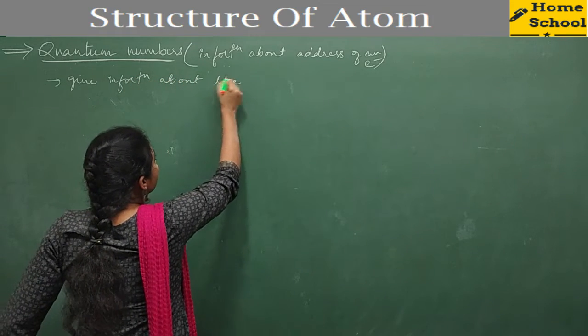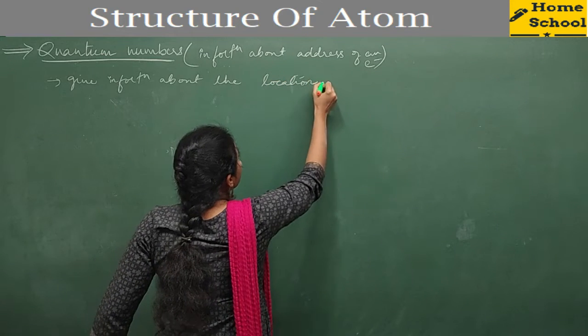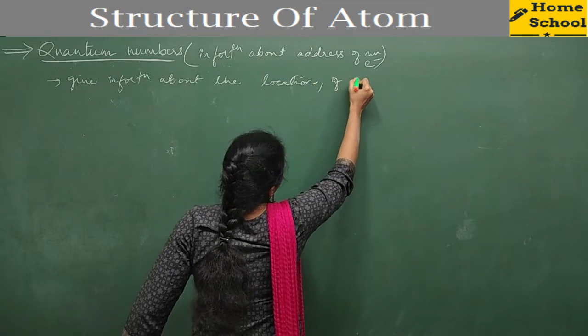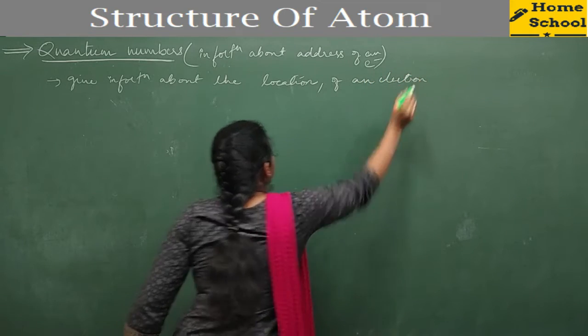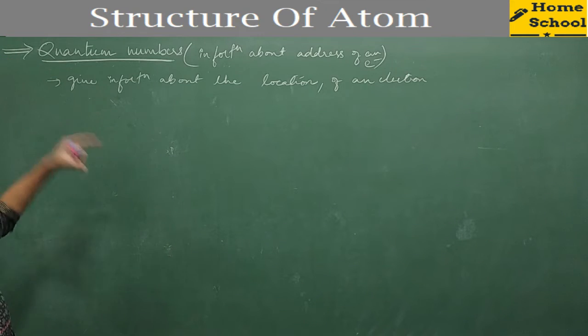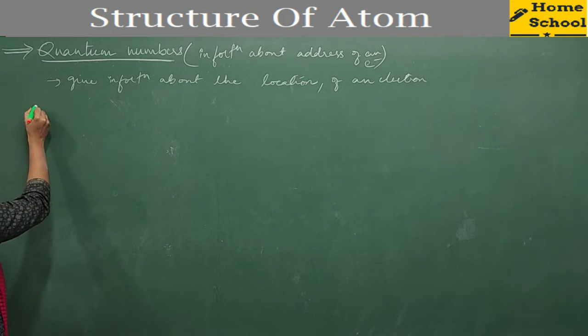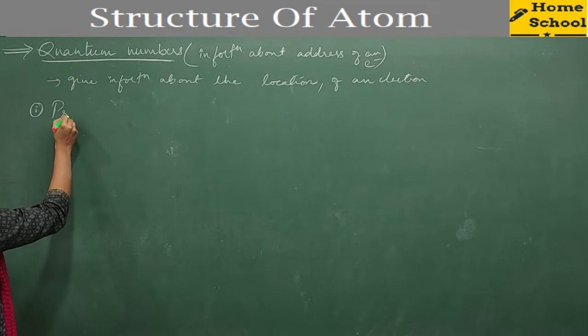So the definition I can write here is: they give information about the location of an electron, mainly the location of an electron. There is a set of quantum numbers. The first quantum number is the principal quantum number.